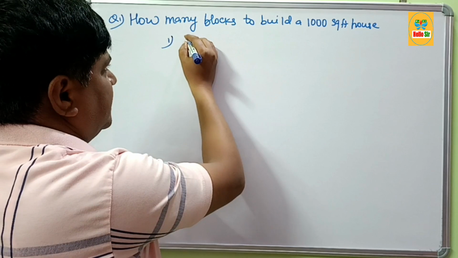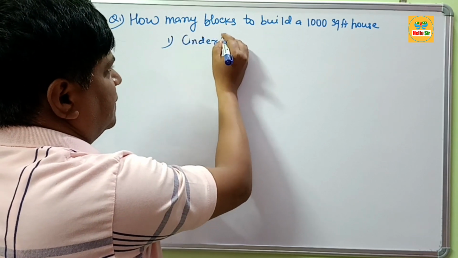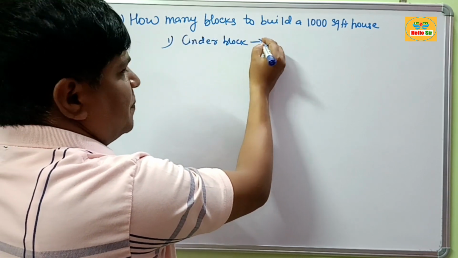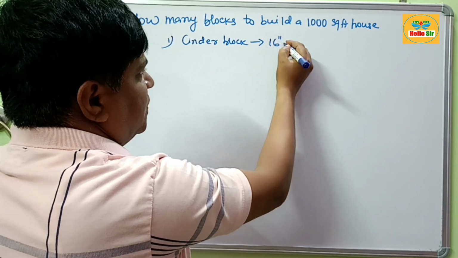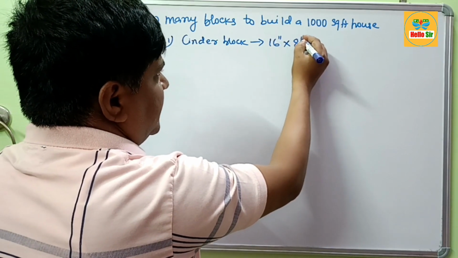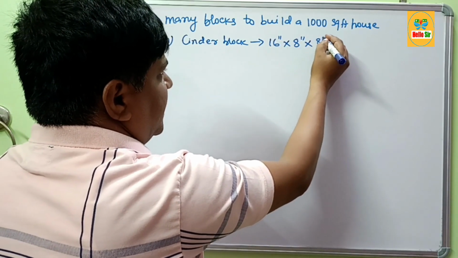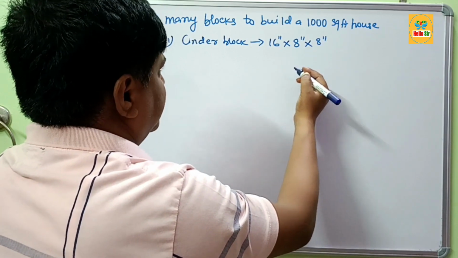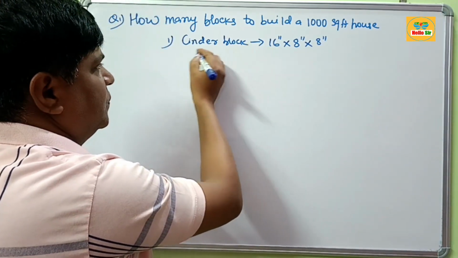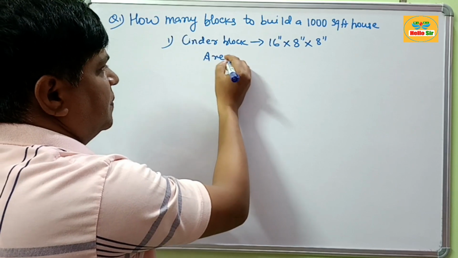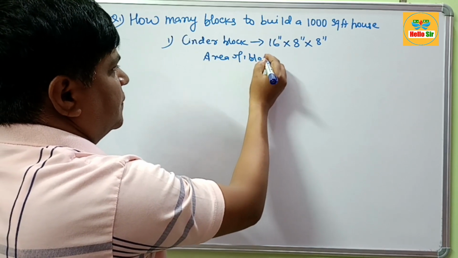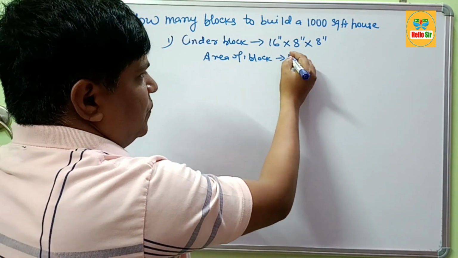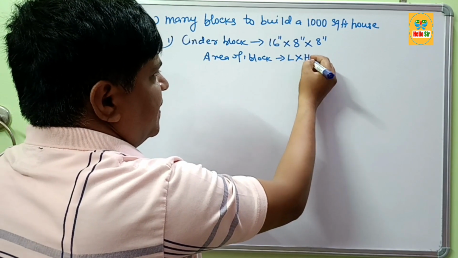As you know, the cinder block has dimensions 16 inches long, 8 inches in width and 8 inches in height. If you want to calculate the area of one block, you have to multiply length and height.